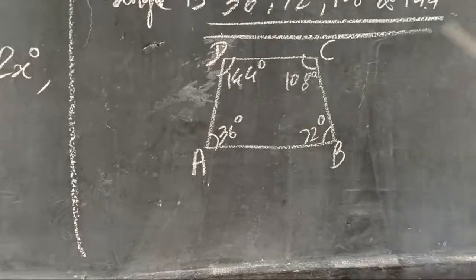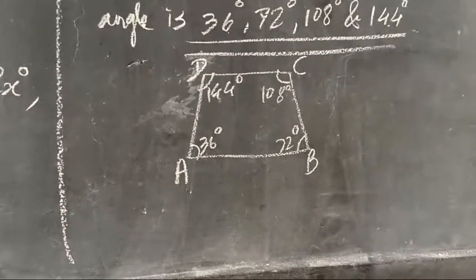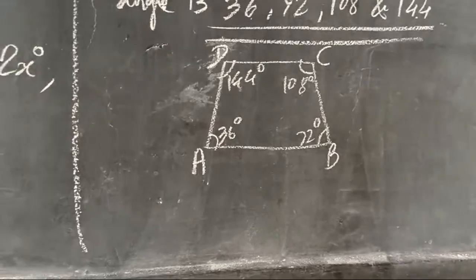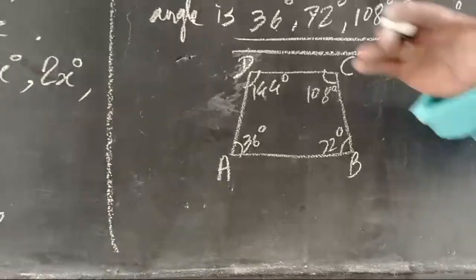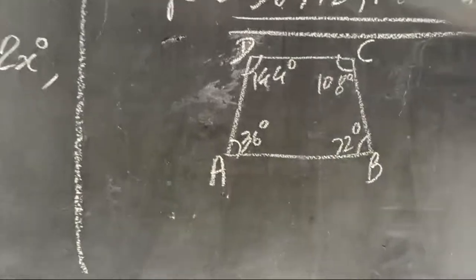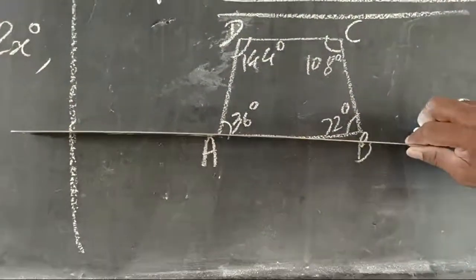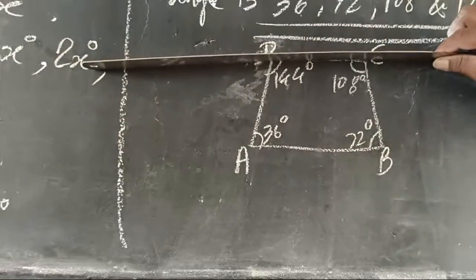Tell here which pair is possibly parallel. Segment DC and segment AB, is it possible they are parallel? Then which is a transversal?